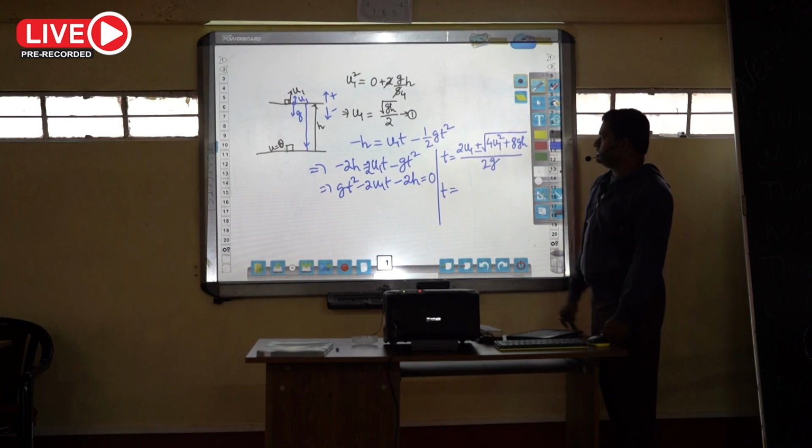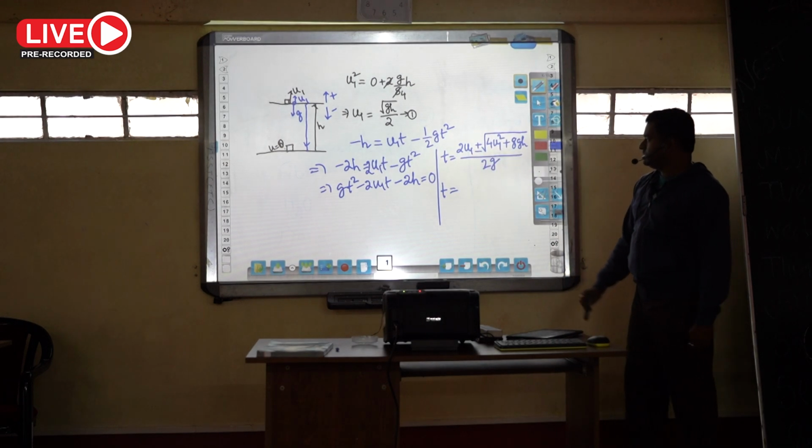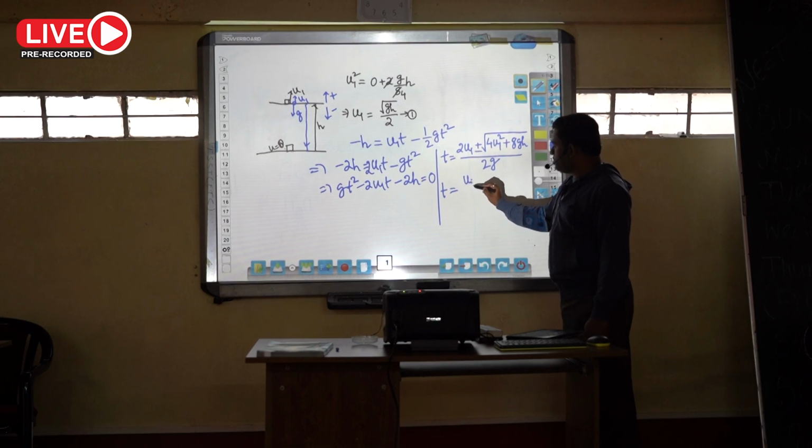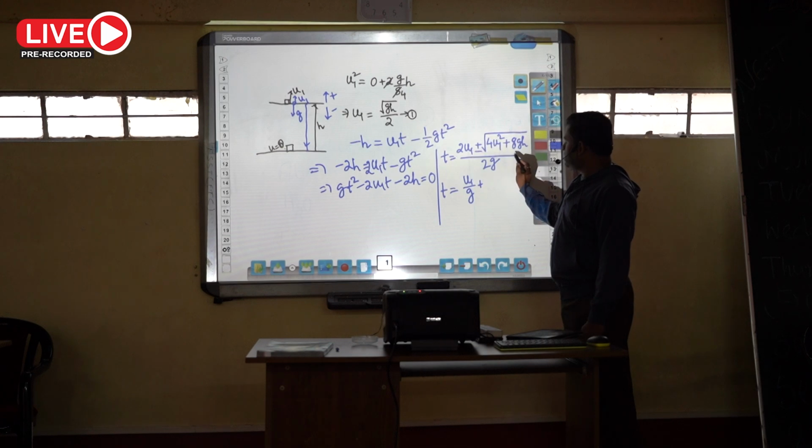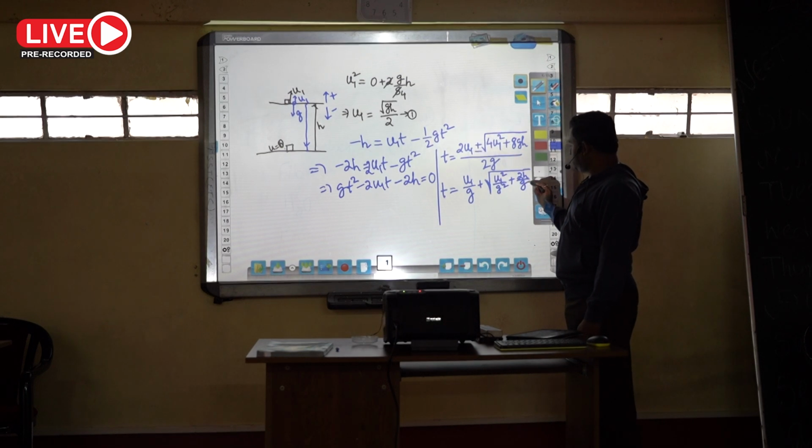Now you can simplify by putting these values. It can be written as u1 by g plus, from this entire term 1 by 2 can be taken common, so it will be root over of u1 square by g square plus 2h by g.